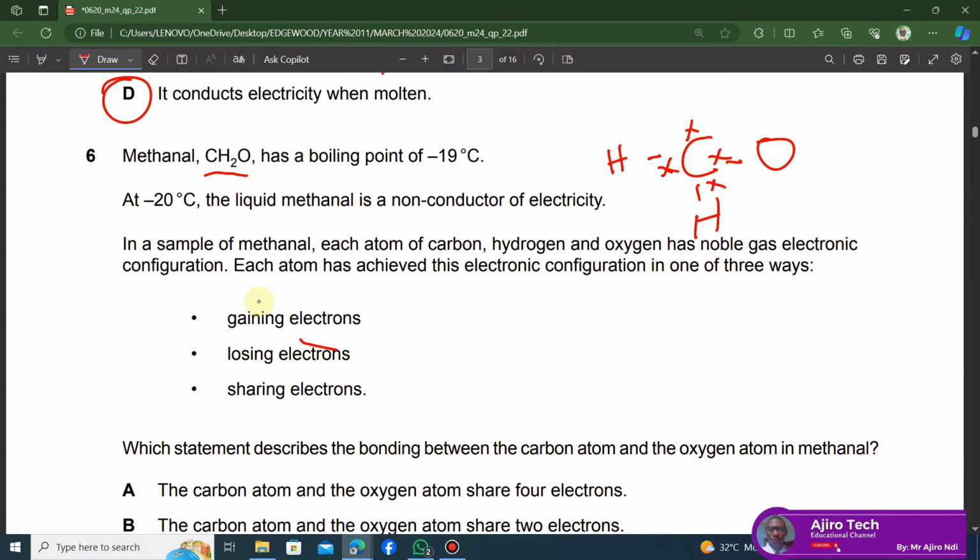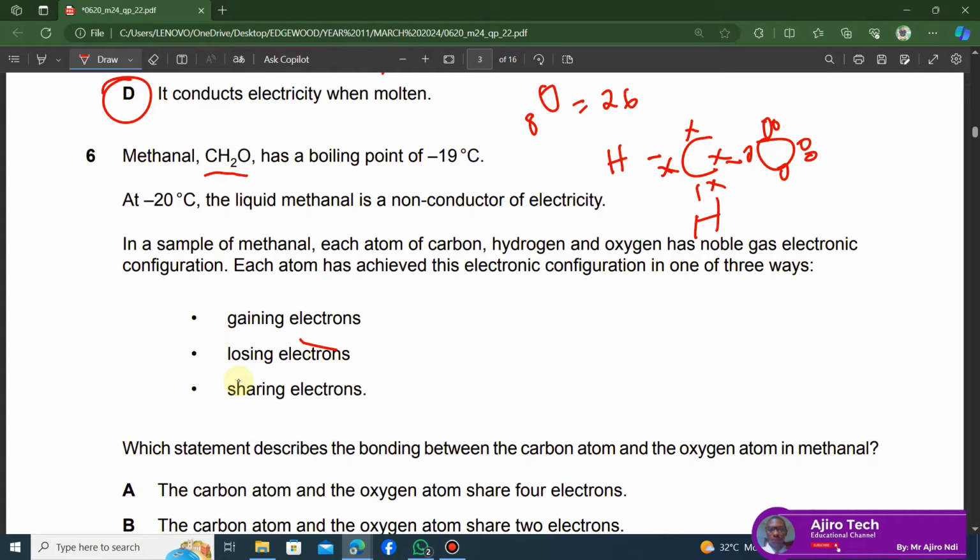And then you look at the valency of oxygen, which is attached here. Oxygen has a proton number of 8, so it's a 2, 6 configuration. So 6 electrons are here, so we have 1, 2, 3, 4, 5, and 6.